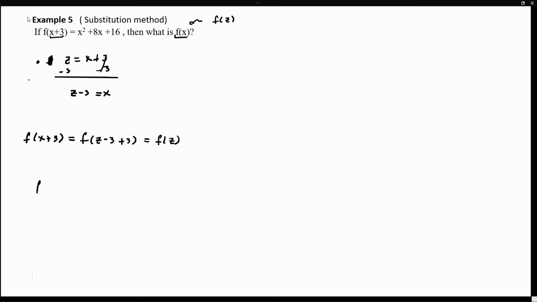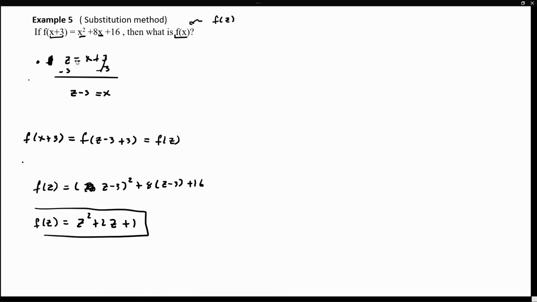So f of z is the same idea as going to the equation, and every time we see an x, we substitute with z minus 3. Oops, sorry. z minus 3 squared plus 8 times z minus 3 plus 16, and that will give us the same result we got previously, which was z squared plus 2z plus 1.